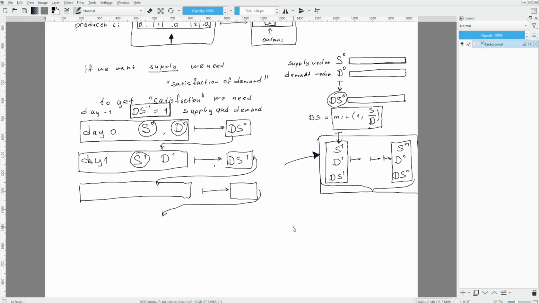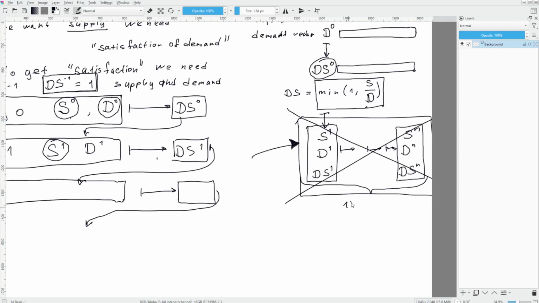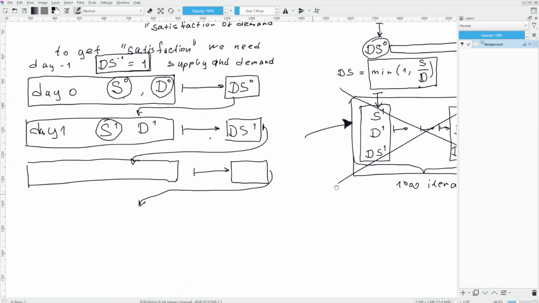This is why a lot of games just calculate the supply and demand satisfaction of the previous day, and then match it with the current day's production to avoid this kind of interdependency. If you need 10,000 or maybe 1,000 iterations, this little trick allows you to make your game economy loop 1,000 times faster.